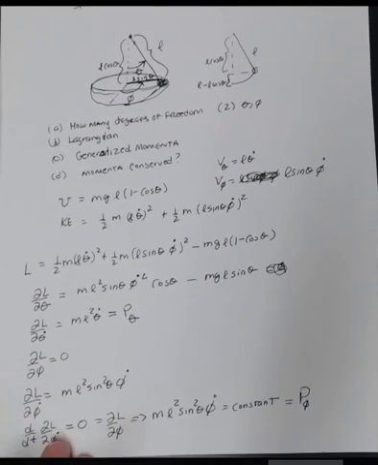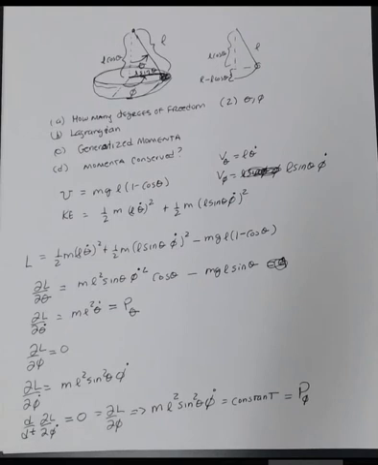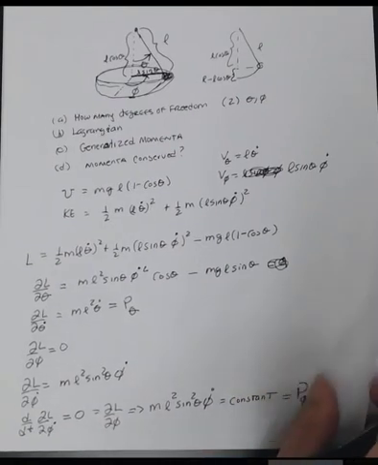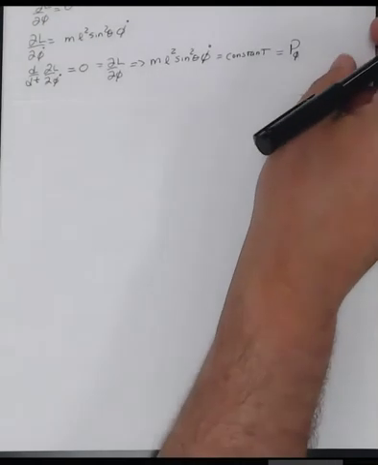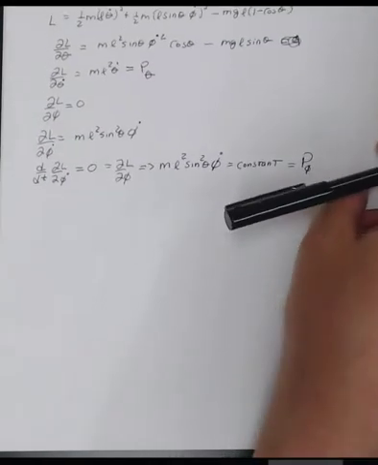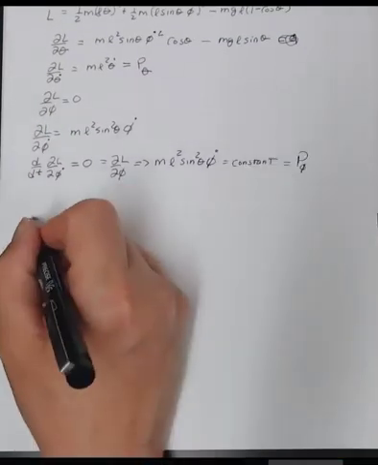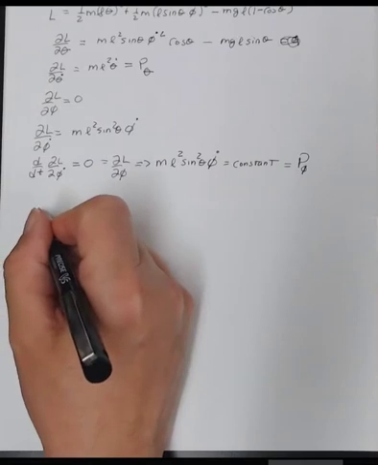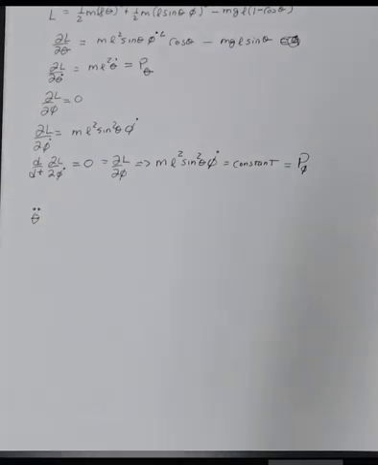Now I like to always, in the end, try to get the acceleration of my generalized coordinates. So I like theta double dot, for example.